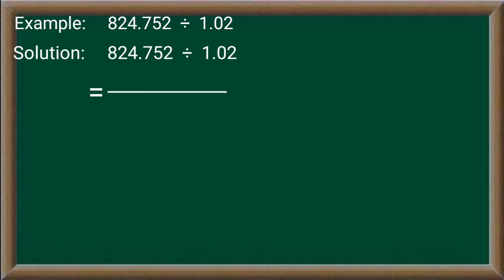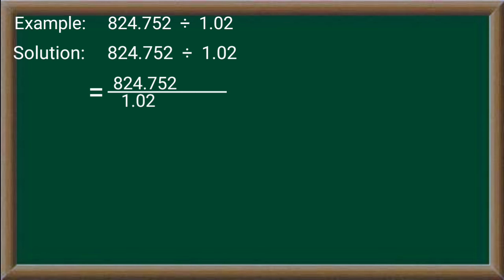Let me take one decimal fraction, 824.752 divided by 1.02. So write in the form of numerator and denominator, then convert the denominator into a whole number by multiplying by 10 or 100 or 1000, like this. So here in this case the denominator has how many digits at the right side of the decimal point?